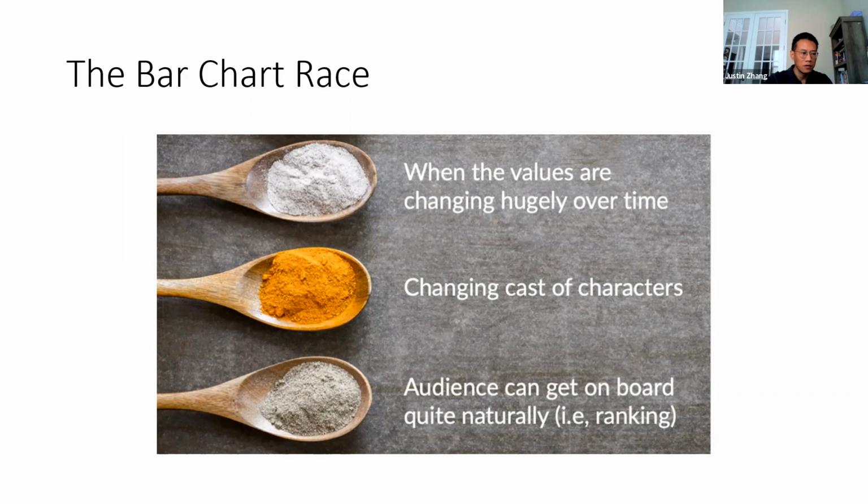Third, the audience can get on board with his visualization quite naturally. It's just a bar chart, which everybody knows and can quickly understand, and the ranks are easy to figure out. There's also a secondary way in which this is quite natural, because we are all related to the cities we see.